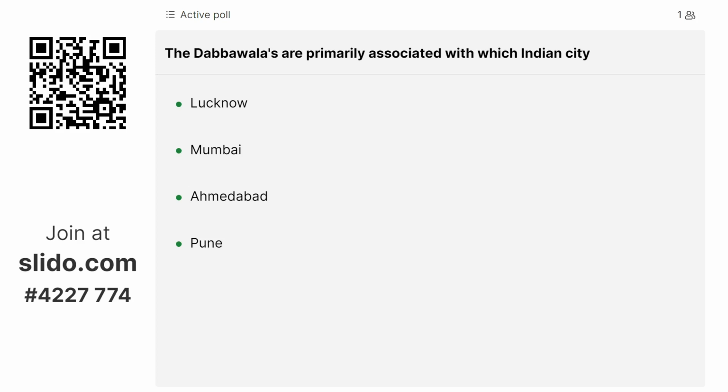The Dabbawalas are primarily associated with which Indian city? So you've got four options: Lucknow, Mumbai, Ahmedabad, and Pune. So give a thought to it and try to respond to it.